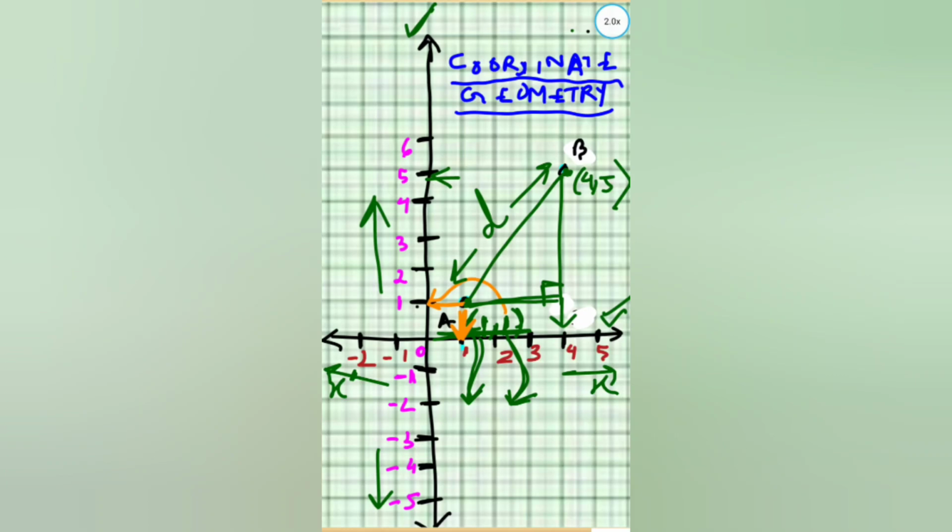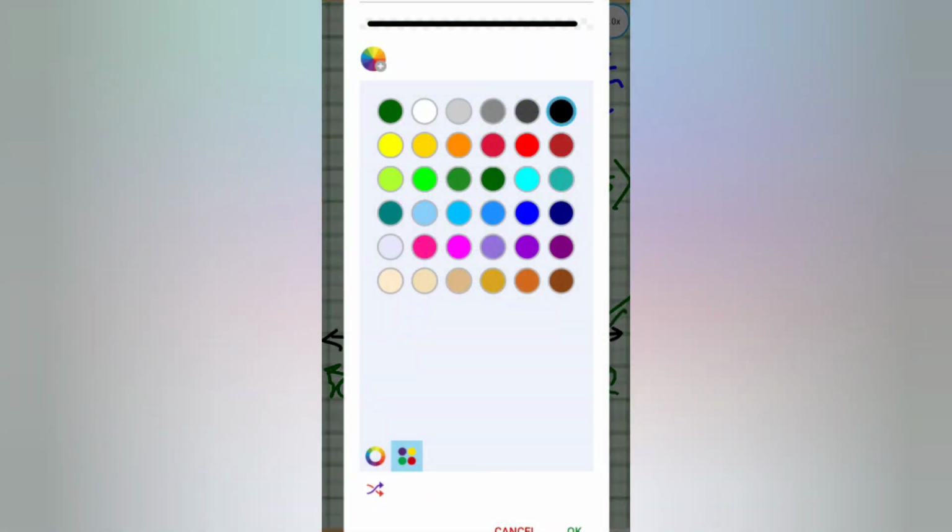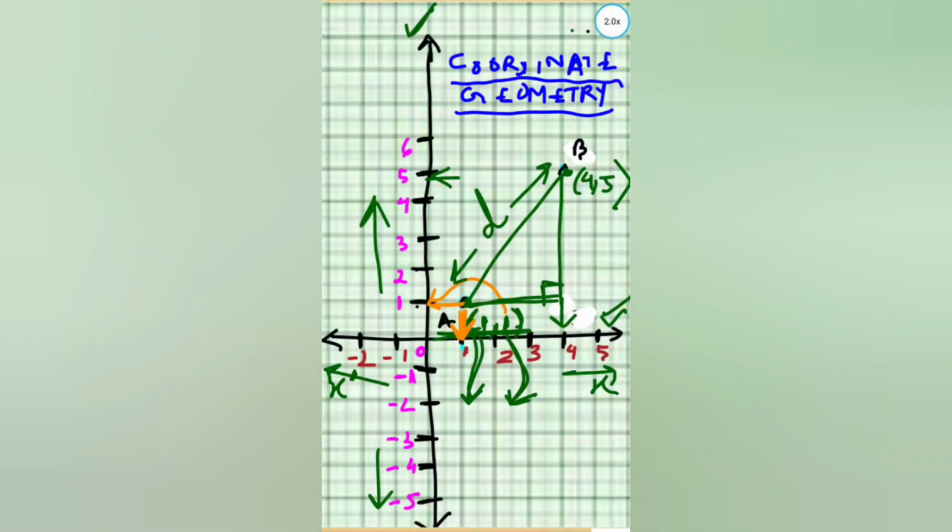So let me write here number 1. Look at here, the formula tells: distance square equals (x2 minus x1) square plus (y2 minus y1) square.